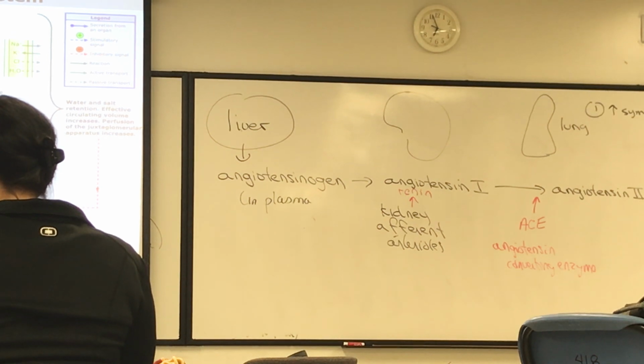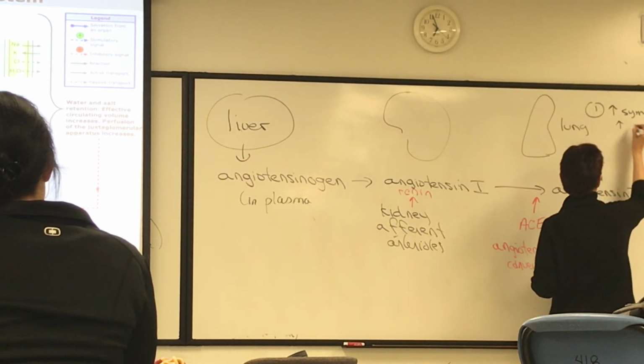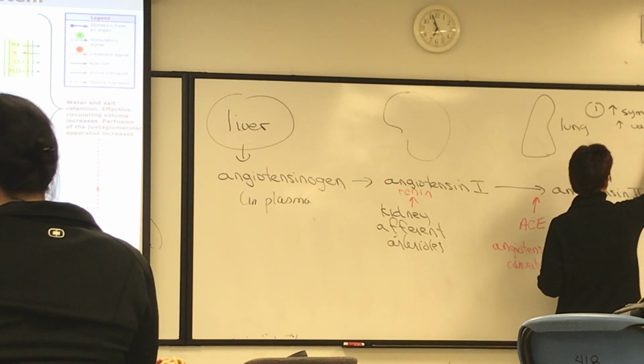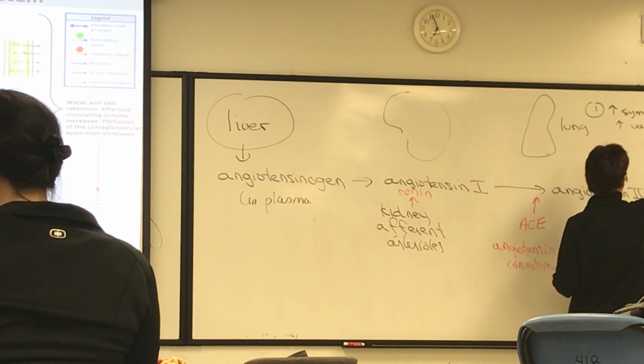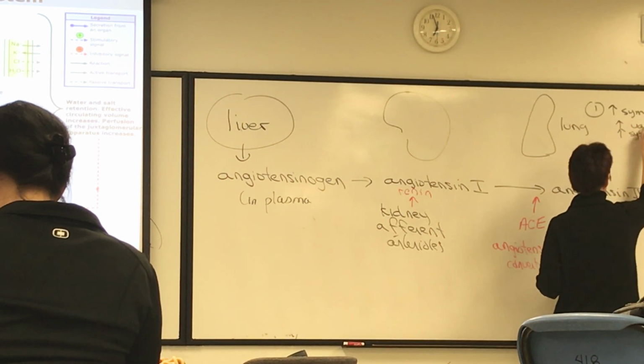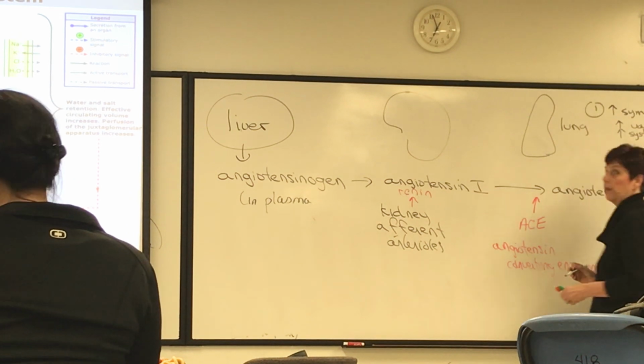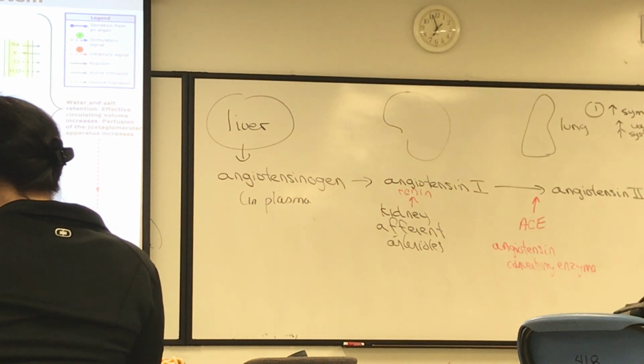So more sympathetic activity is going to result in increased vasoconstriction, systemic vasoconstriction, and that's going to increase systemic blood pressure.